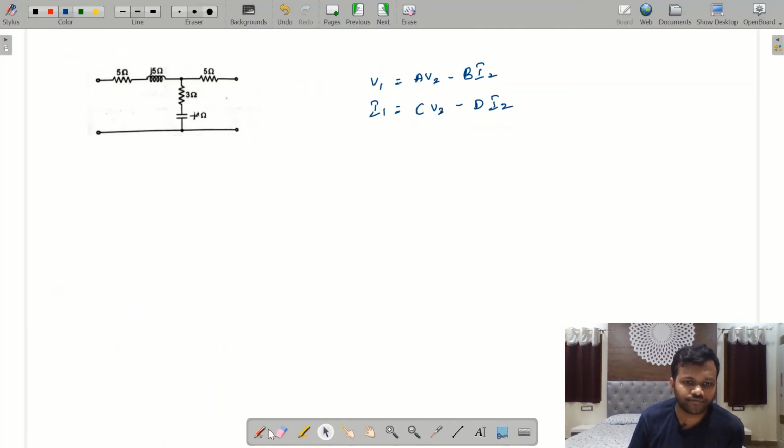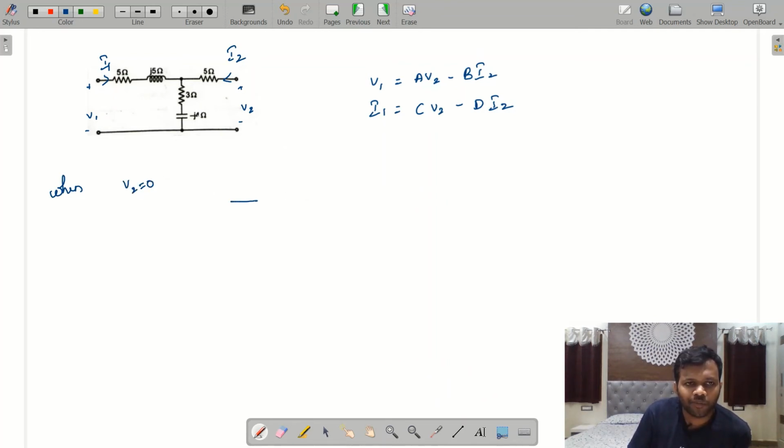This is my network, V1, V2, I1, I2. Now when V2 equal to 0, I am just short circuiting it.